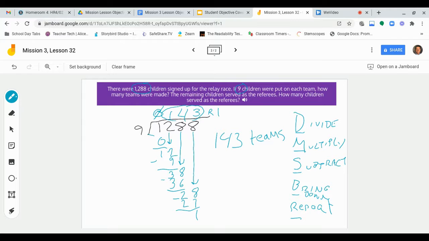How do you determine that? If we look back at the problem, it says the remaining children served as the referees. So I'm looking at my remainder. How many do I have? I have 1. So 1 student was the referee.